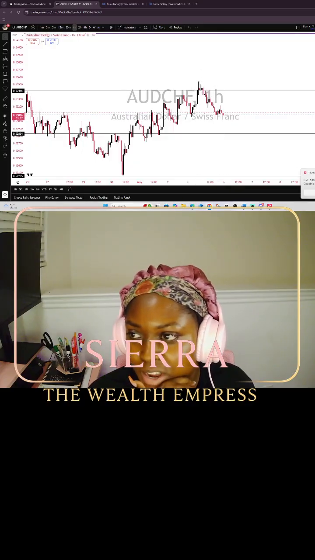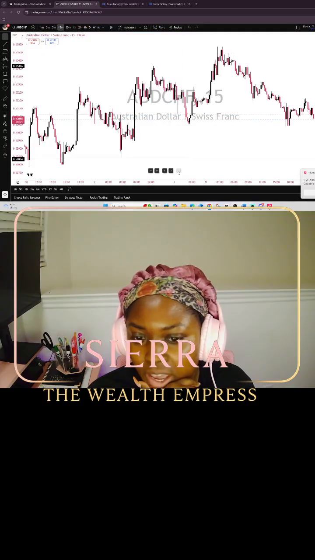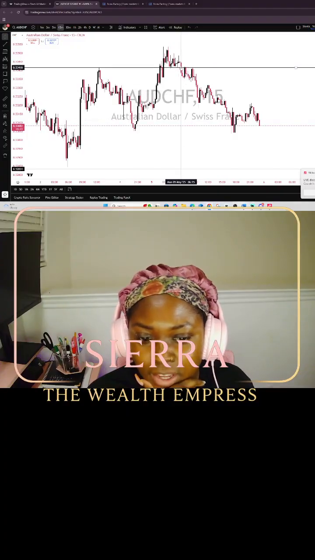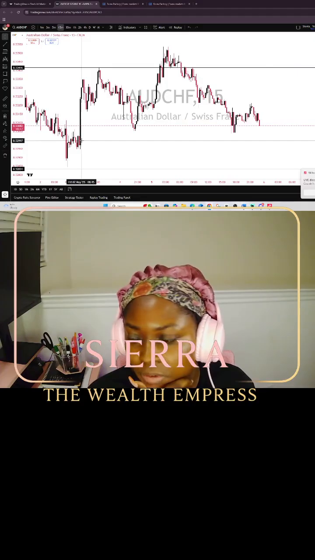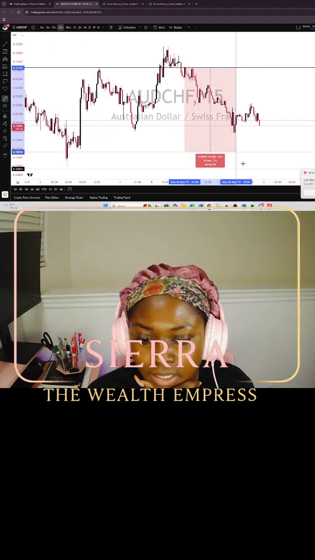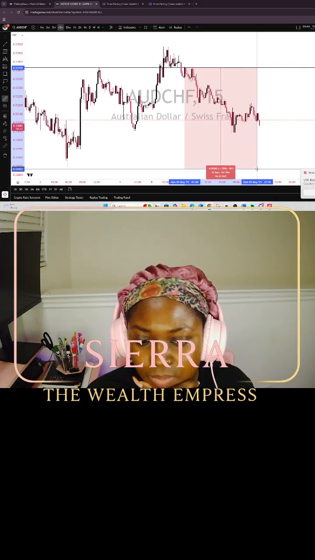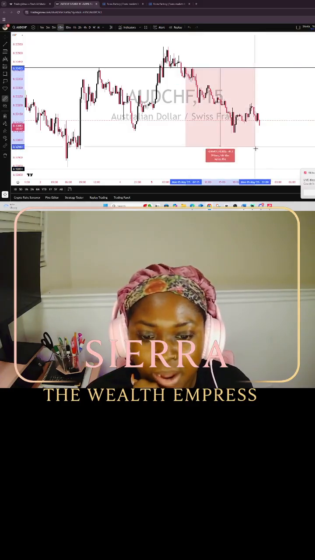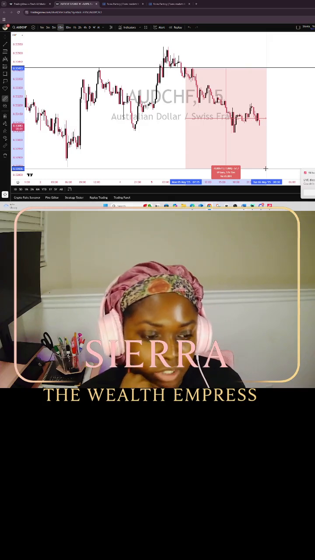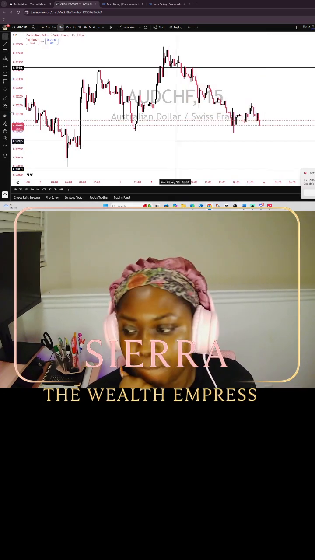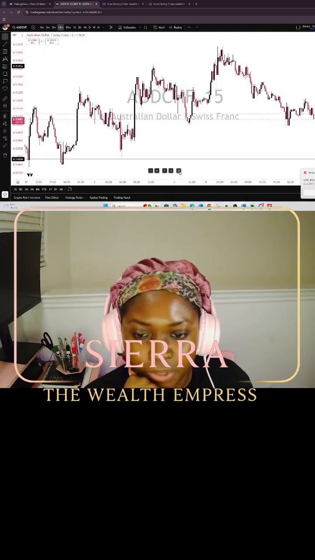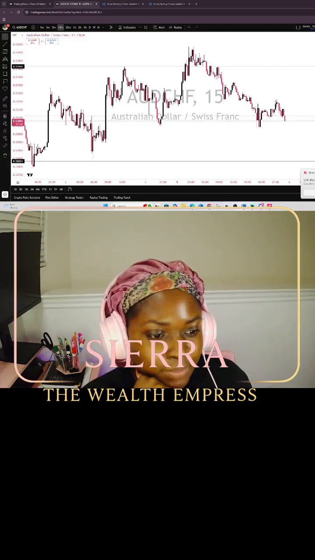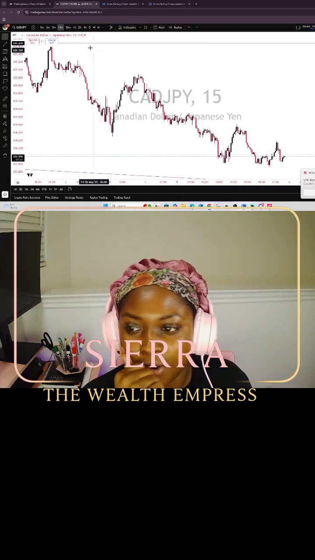So price came outside of the range, and then it came back and broke our structure, left us a perfect gap, and now it's trading down. I missed this, but we got stopped out at 14 pips. I can't be mad at 14 pips. That's one thing I like about structuring these ranges on certain pairs. The TP is always going to be greater than our stop loss. So I just missed that one. Can't cry over spilled milk.